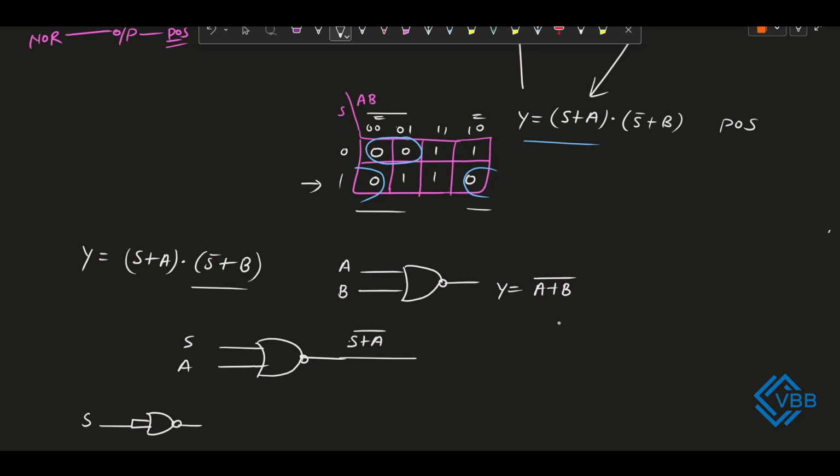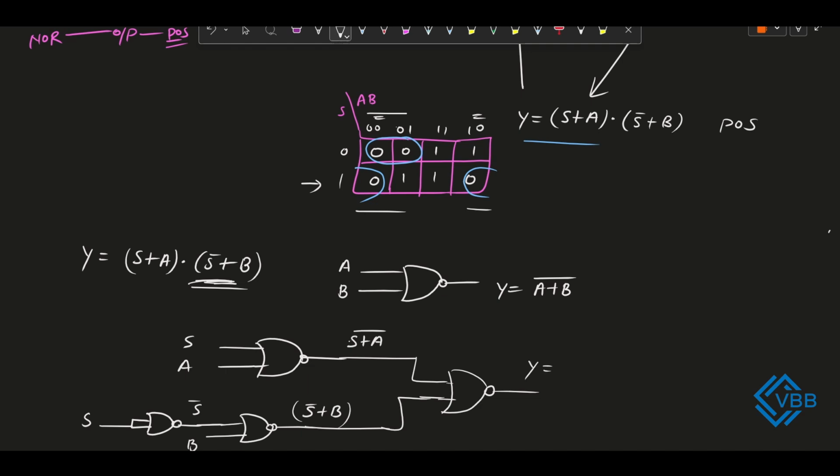We provide the complemented input as S complement here, and then the output we connect through one more NOR gate input, and here we give the B, then we will get S complement plus B, because in the output expression of the MUX we are getting S complement plus B. So for that we also need to arrange the input combination like that, so that we get this as the second term. Now these both terms we will connect through the next stage NOR gate to get the final output.